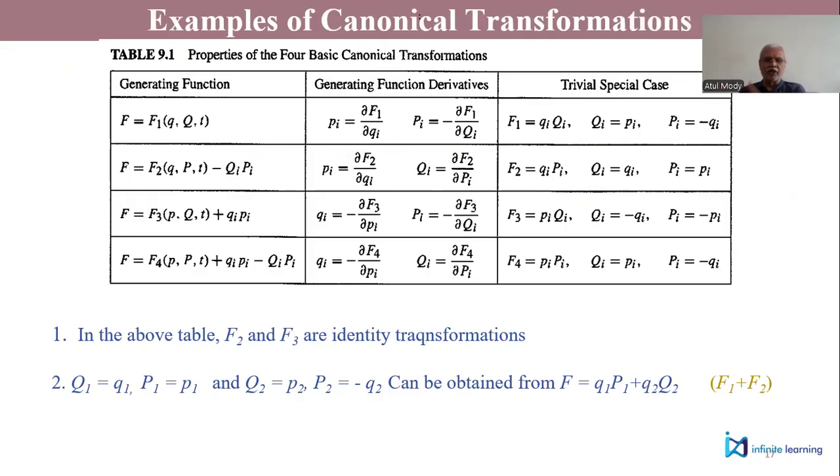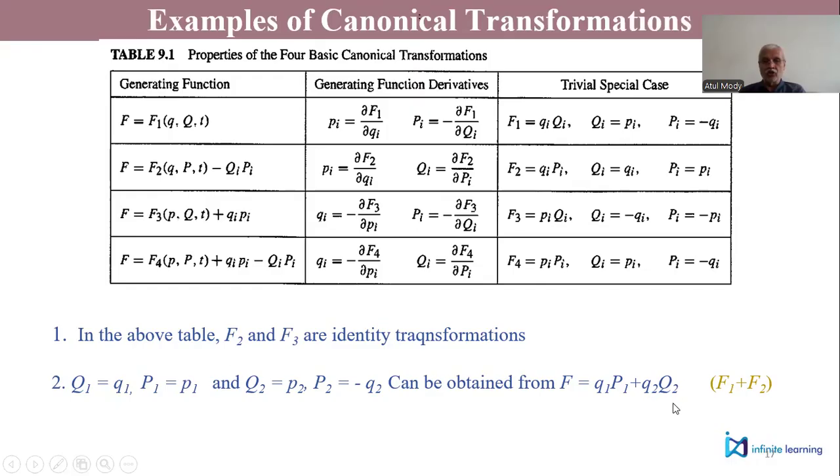I've already told you about the F1 and F3, which are identity transformations. The second one is an example where you have a mixture of the two types, F1 and F2. Actually, F depends on old coordinates and new momentum for the first degree of freedom, and old coordinates and new coordinates for the second degree of freedom.